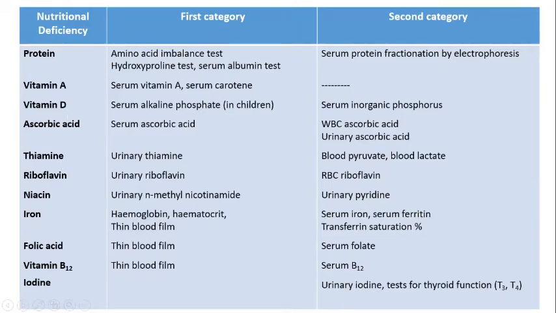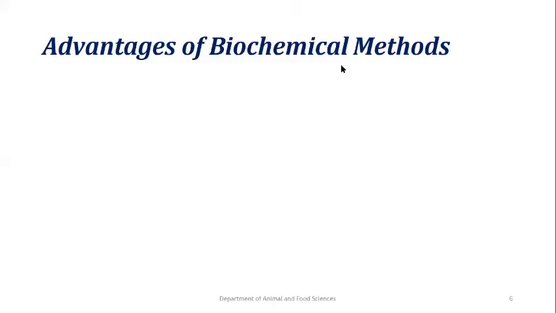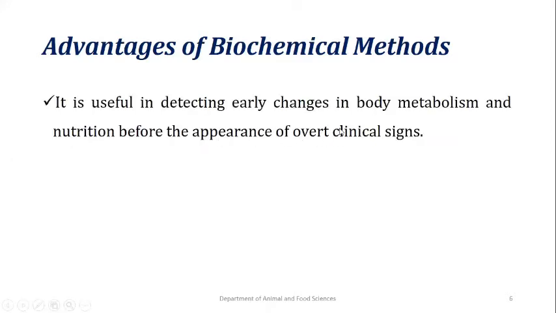Okay. If we consider the advantages of biochemical methods, these methods are useful in detecting early changes in body metabolism and nutrition before the appearance of overt clinical signs. Overt clinical signs means observable clinical signs.